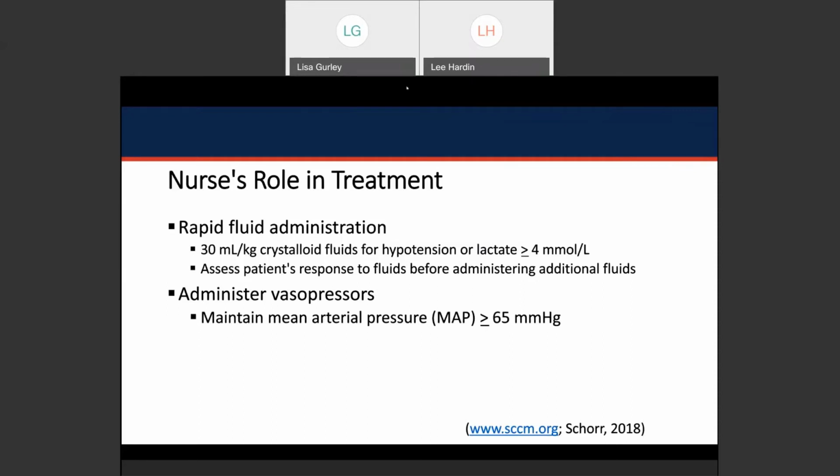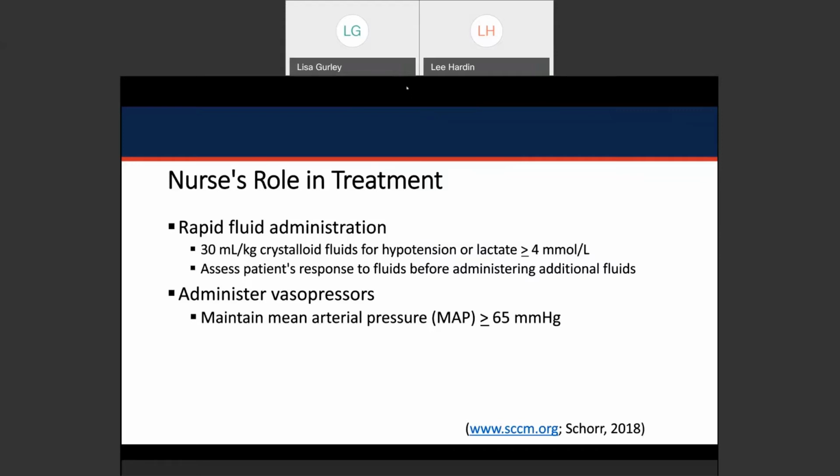The nurse must continually evaluate and assess the patient's response to this rapid infusion. Crystalloid solutions are mainly used to increase the intravascular volume when it's reduced, and a common example of a crystalloid is 0.9% sodium chloride or normal saline.